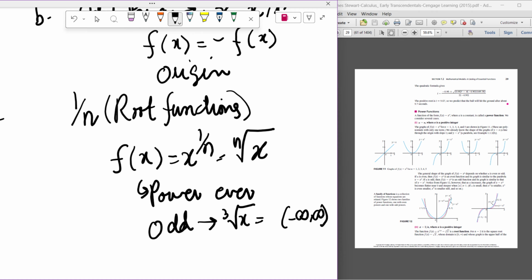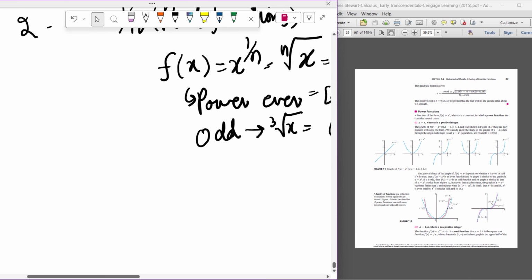While in the case of an even power, let's say the power is 1 by 2, x power 1 by 2, then the square root, the domain is restricted to 0 to infinity, as we calculated also last time.